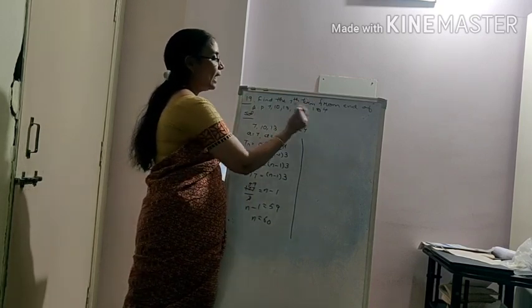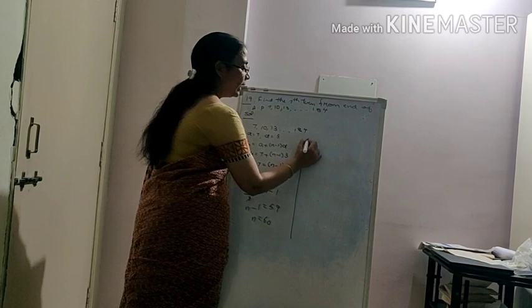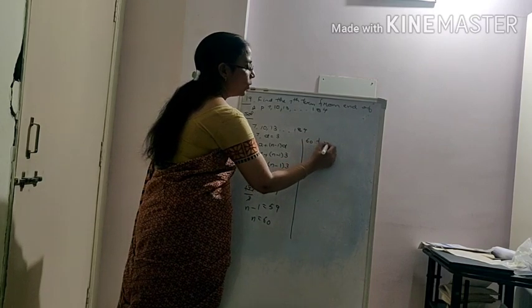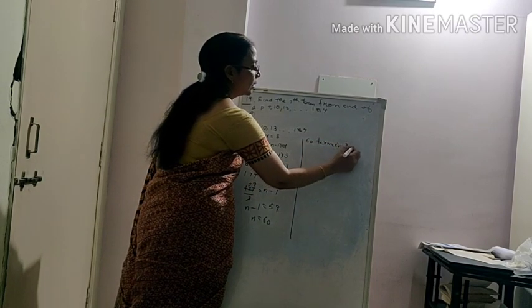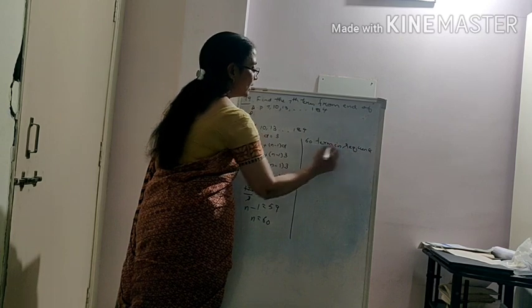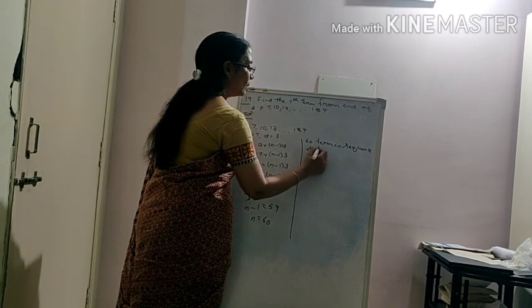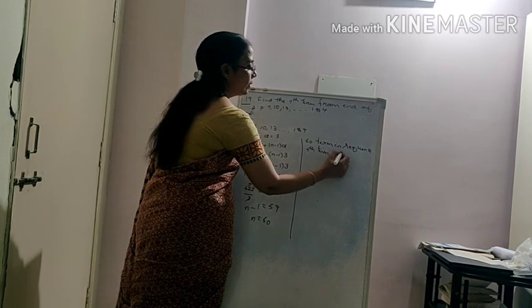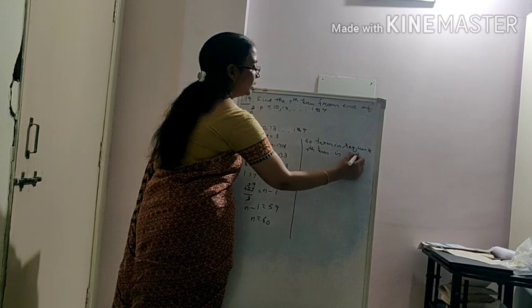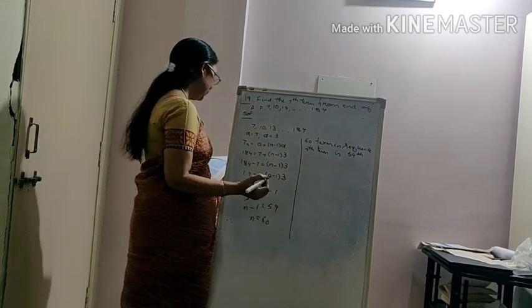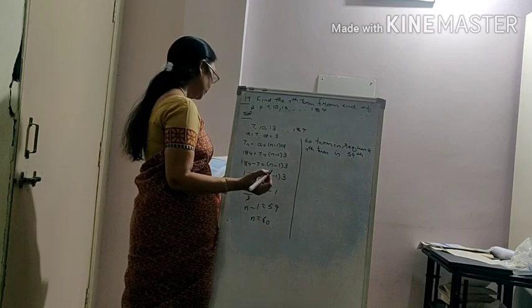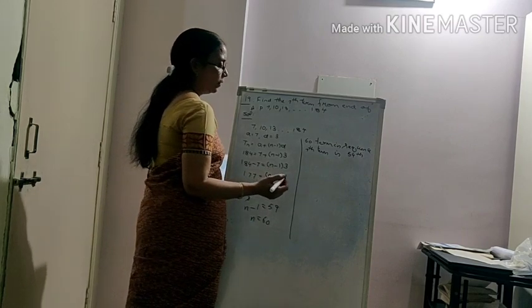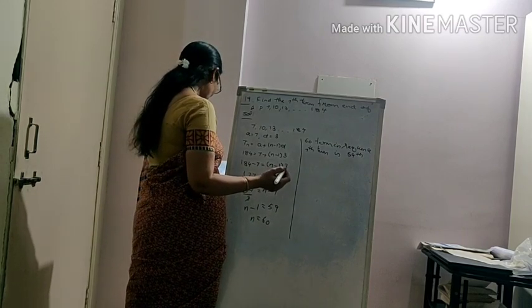And now from the end, the 7th term. When there are 60 terms in the sequence, then the 7th term from that end will become the 54th term.